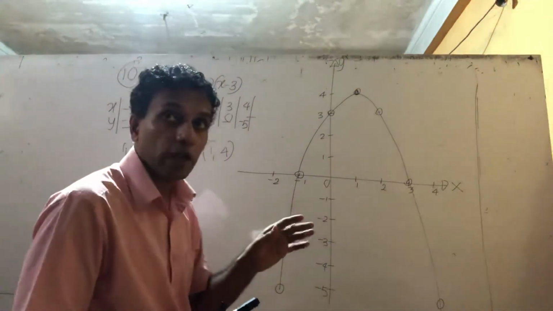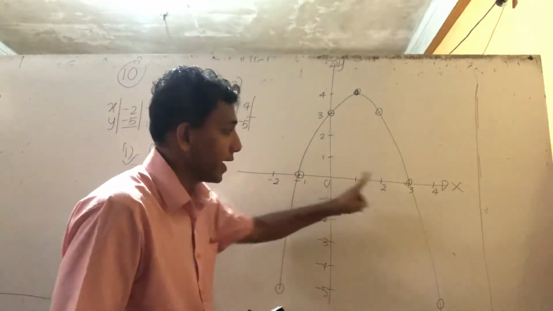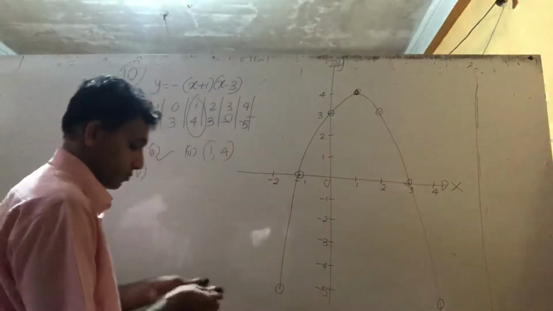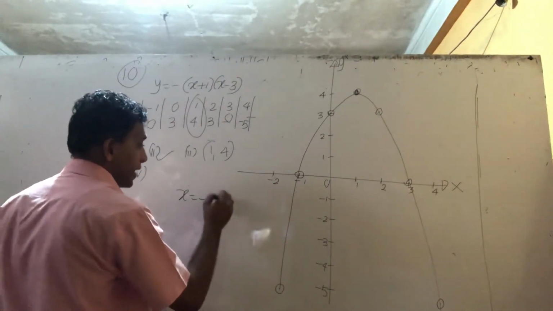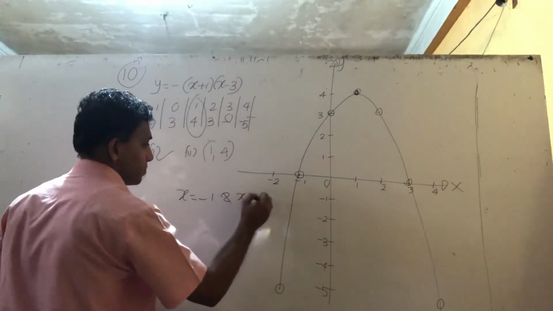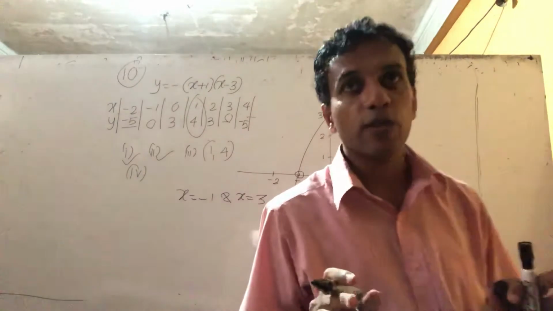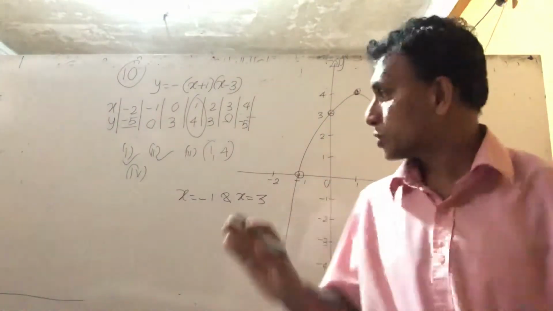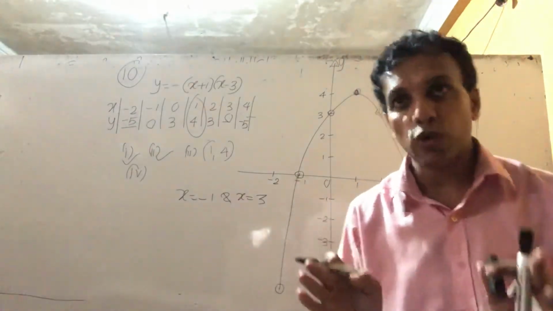Therefore, write those values. When y is 0, x equals minus 1 and x equals 3. So first you find when y equals 0 what the x values are. No doubt, using your graph, everything can be determined, right?